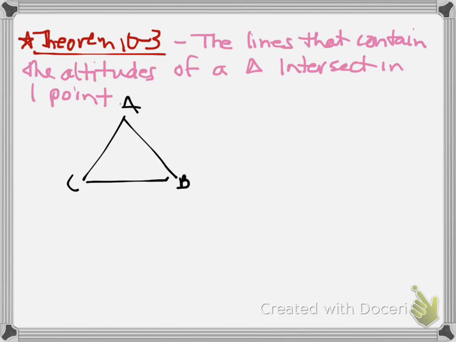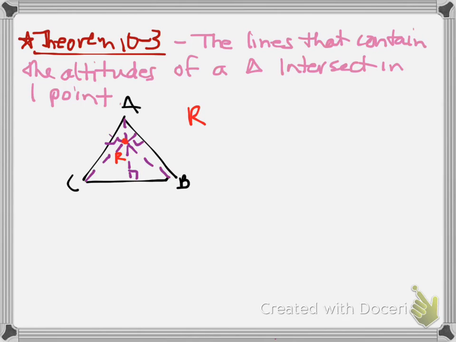So altitudes do go from a vertex and are perpendicular to the opposite side. So again, this would be your point R. And you would say, that's it.